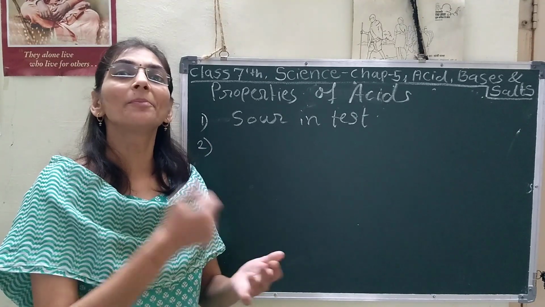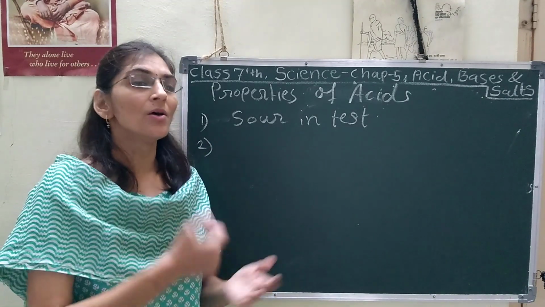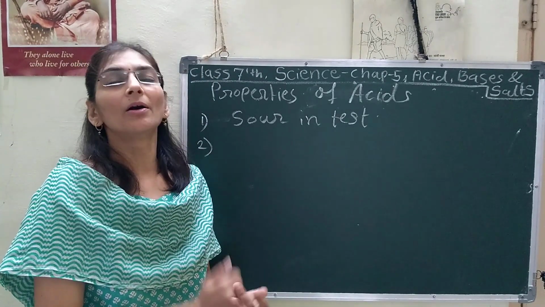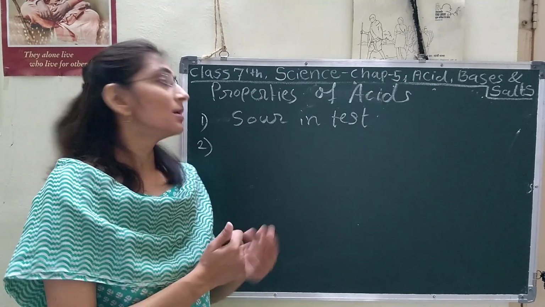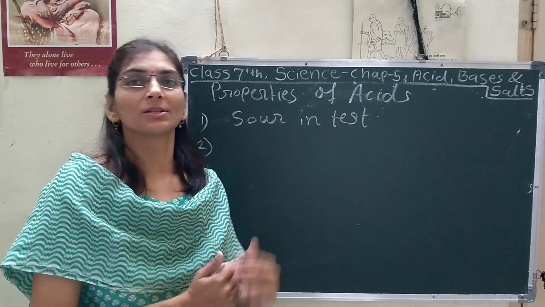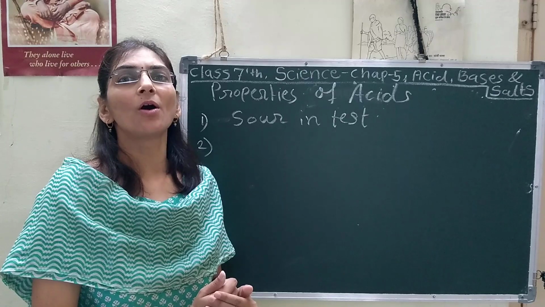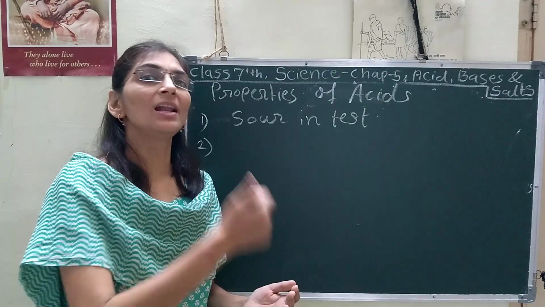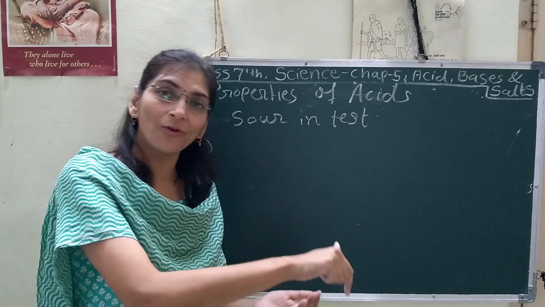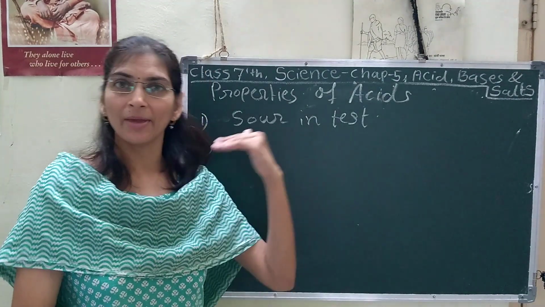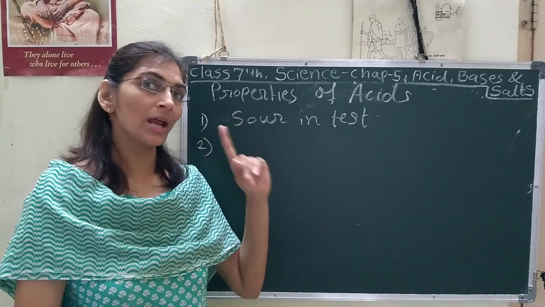Because of the chemical reaction of acid with the substance on which it falls, there will be corrosion. The substance on which the acid falls will get damaged, so the corrosive property is very harmful.